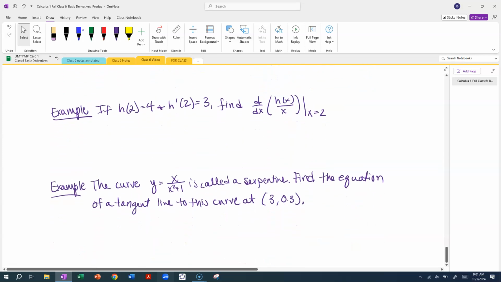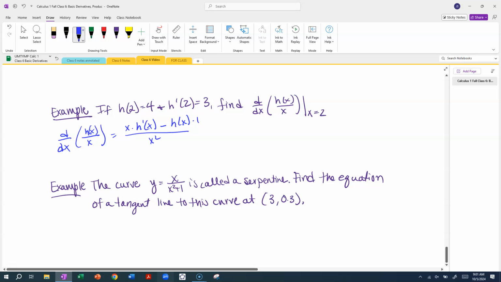Last two examples. This first one, not terribly challenging. You just have to find the derivative evaluated at 2. So we want the derivative with respect to x of h of x over x, and then we'll evaluate it at 2. So this is going to be low d high, h prime, minus high d low, which is just 1, all over low squared, x squared.